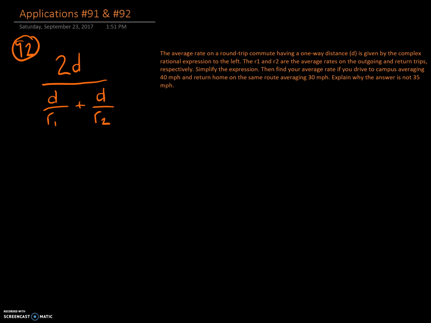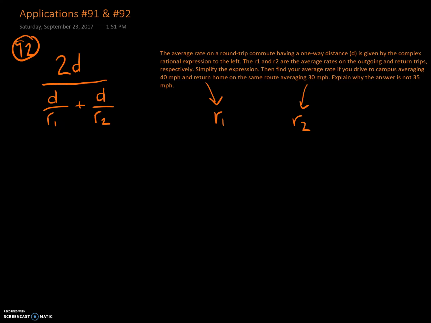You want to simplify the expression, then find your average rate if you drive to campus averaging 40 miles per hour and return home on the same route averaging 30 miles per hour. So we know that R1 is 40 and R2 should be 30 when we get there. And it says explain why the answer is not 35 miles per hour.